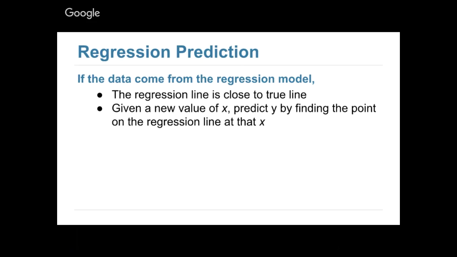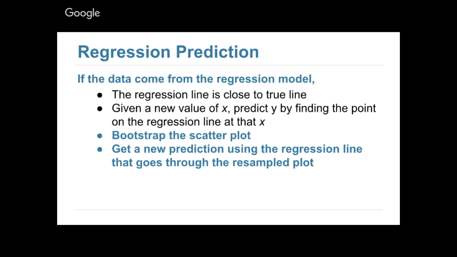If we pick a value of x, draw the regression line, and look at the value of y that matches that x value, we can make a prediction for a value of y. We've seen that before. We've done predictions based on that regression line already. But what we can do now is, again, use the bootstrap on that scatter plot, get a new regression line, get a new prediction, and now we can get a bunch of predictions.